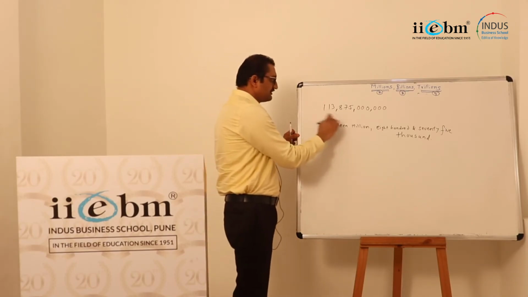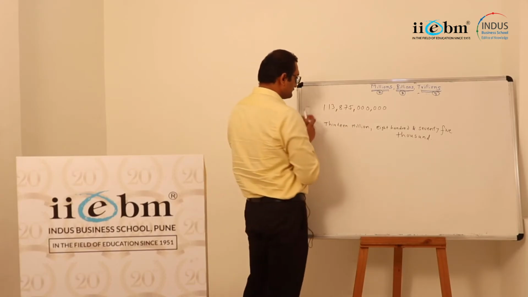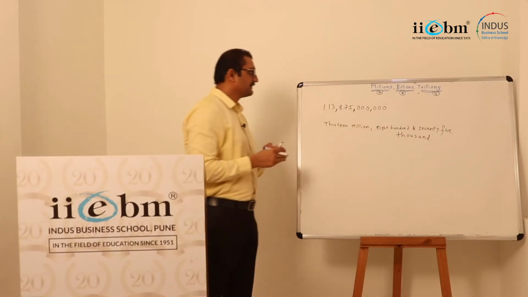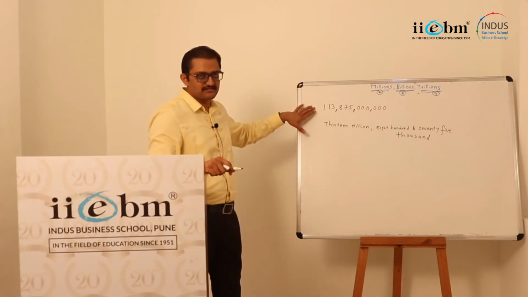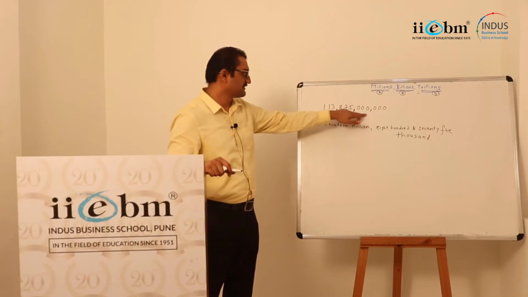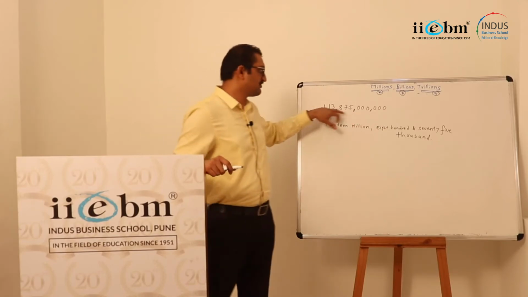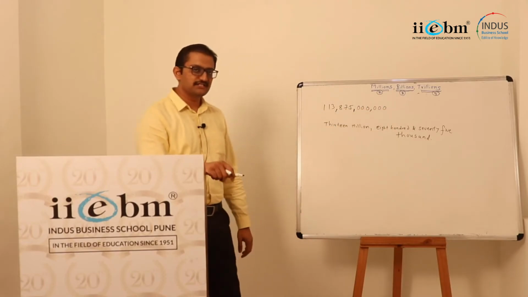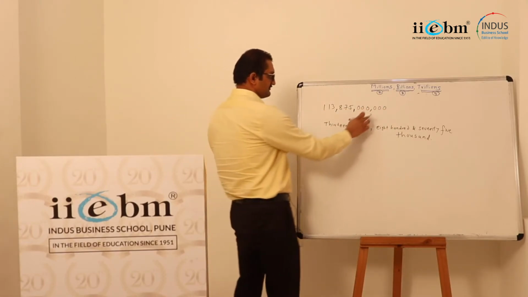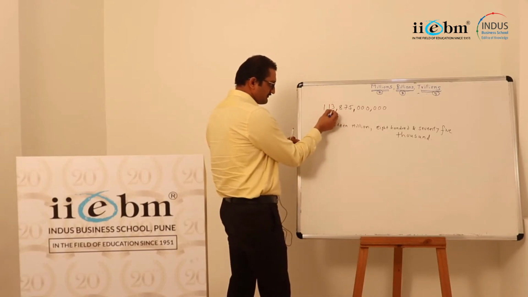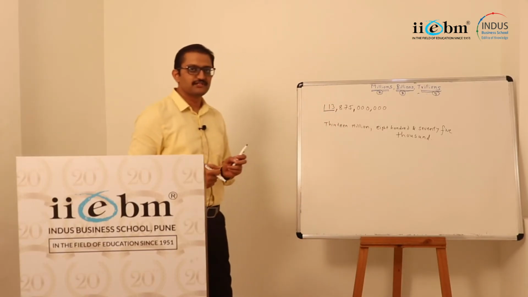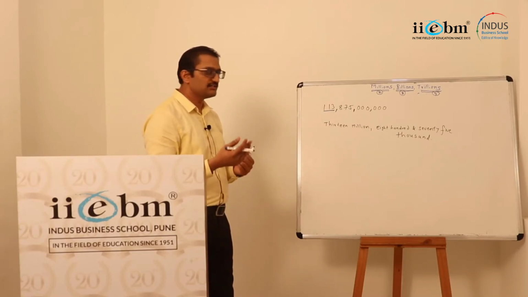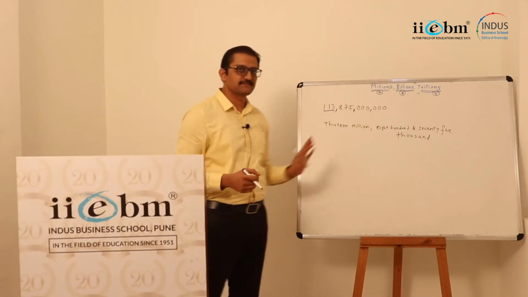So now what we can say is this large number has 3 periods or 3 commas, which states that the number is in billions. Now how many billion? So first, second, third comma, what is left? This is left. So this number can be read as 113 billions.